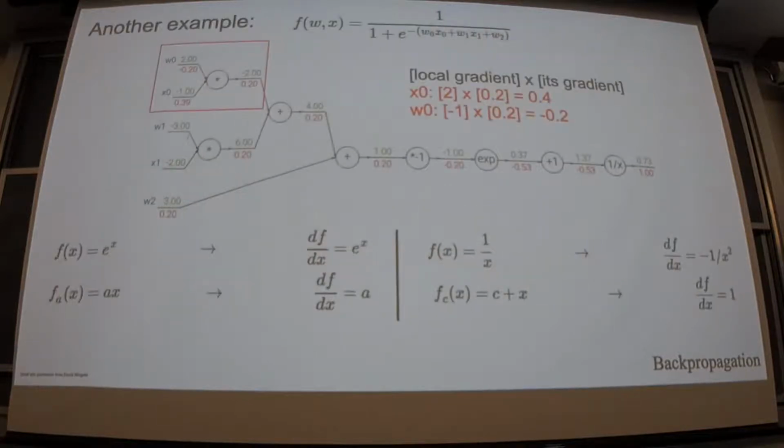Okay, so that's it. That's what backpropagation looks like. Of course, these computation graphs can get crazy wild. This is a pretty simple one, and we're going to have many layers, probably hundreds of layers at times.